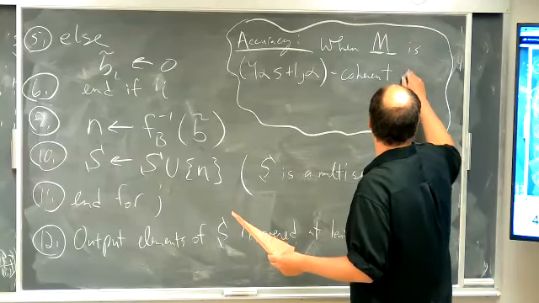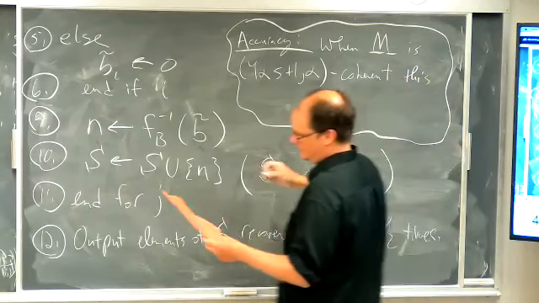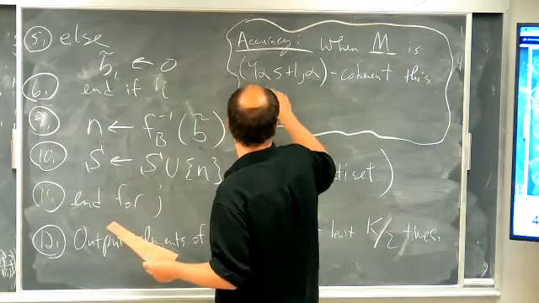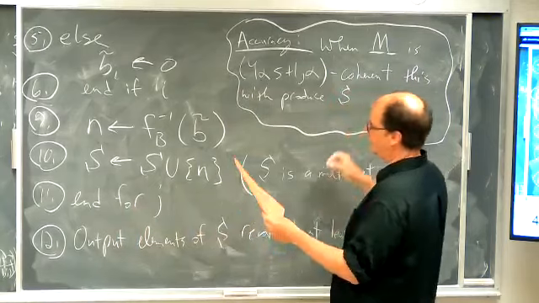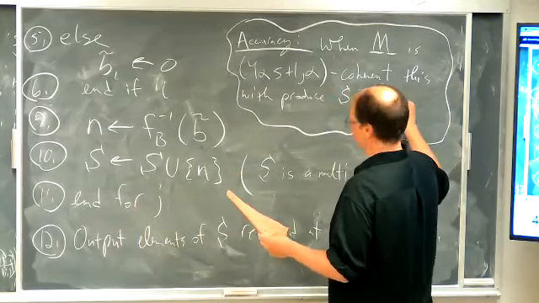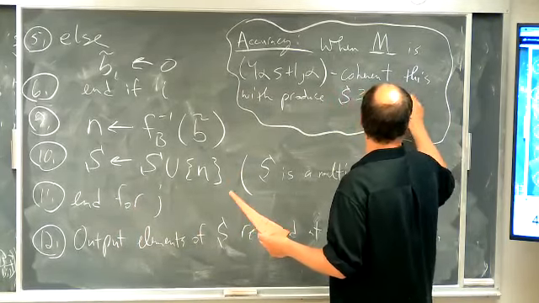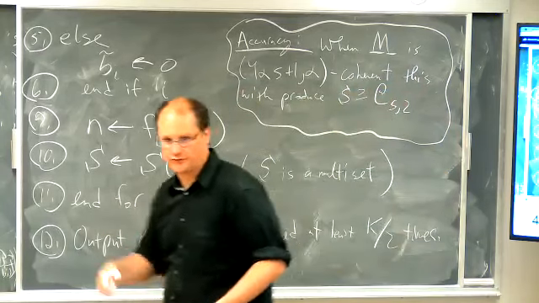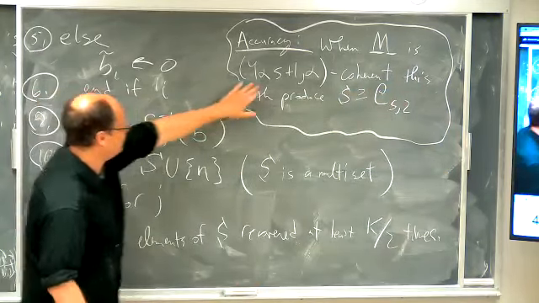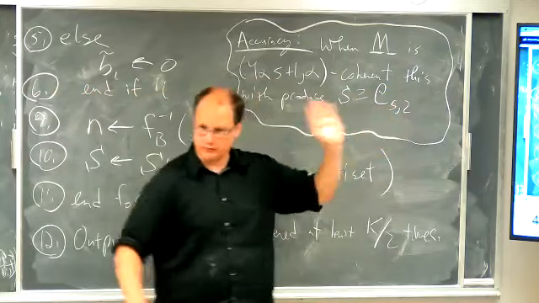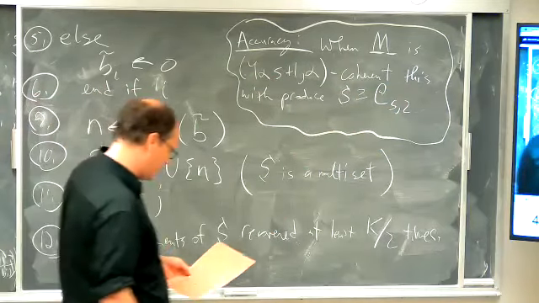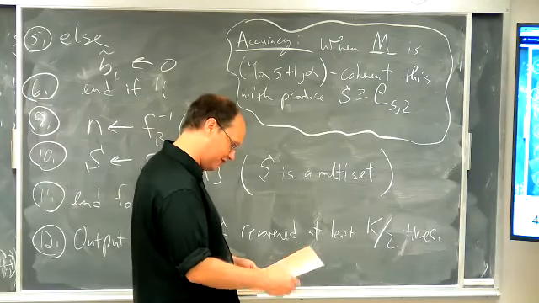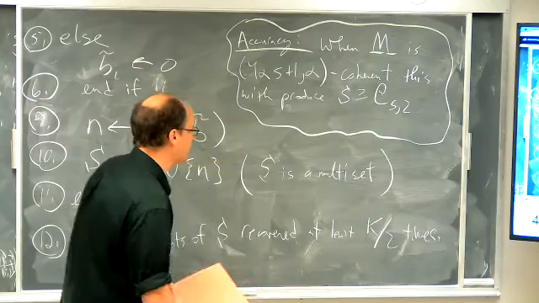This will produce a set S that contains the set of heavy elements, with beta equal to 2. So that's guaranteed to always happen as long as M has this incoherence property.